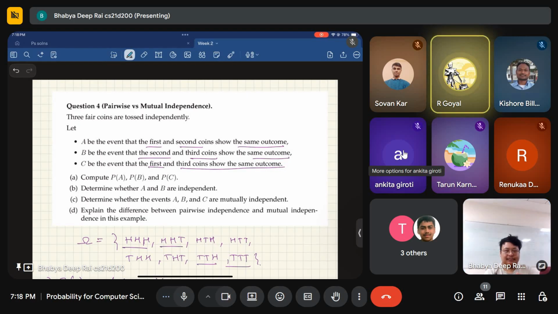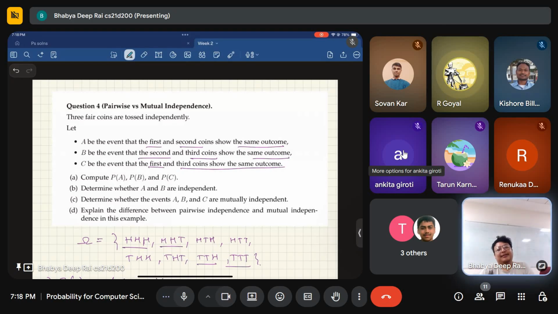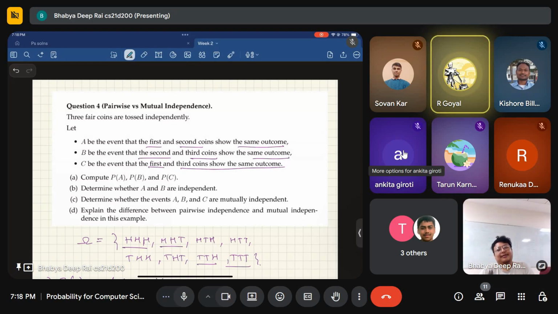Because the first and the third are independent, the first value is not affecting the third value, and the second value as such remains the same. These outcomes could have been different if the first outcome somehow affected the third outcome, which is not the case here.